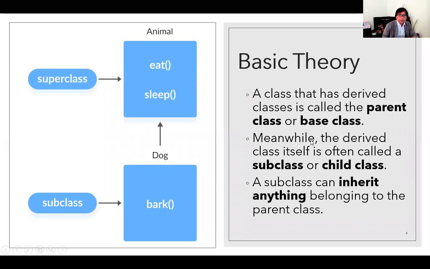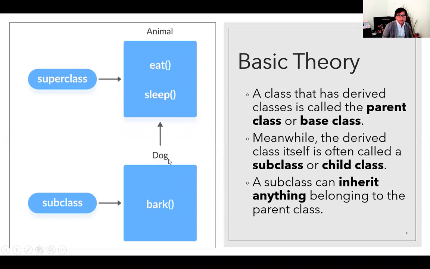According to this definition, the subclass will have all the attributes and methods of its parent. So even though this derived class has only one method, in reality it has all the methods of the parent class.